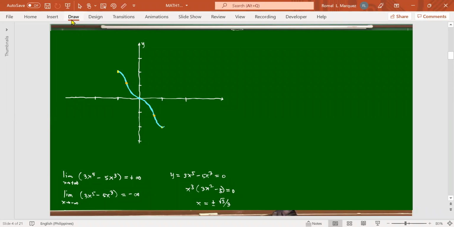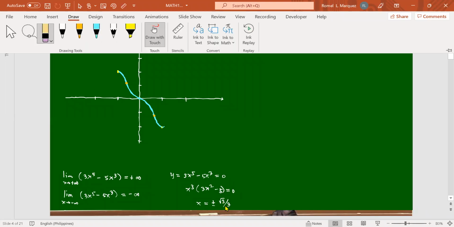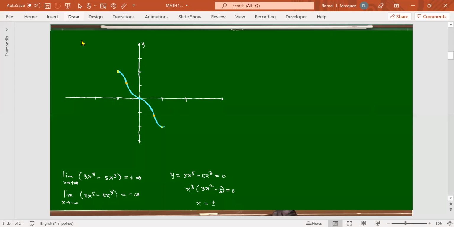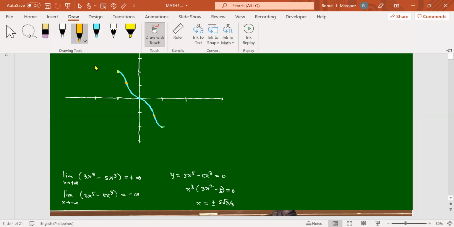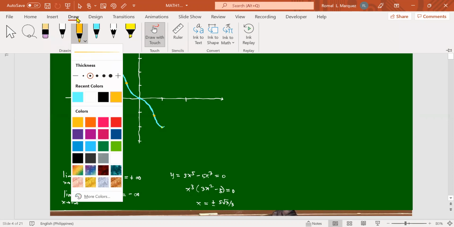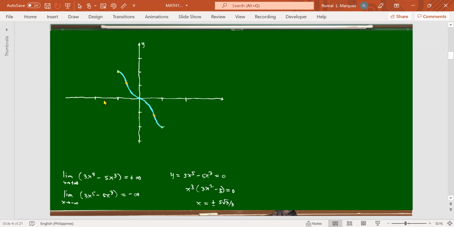So what is the value? Plus or minus 5 over 3 square root, approximately 2.88. So it will intersect somewhere here. Similar here, no?